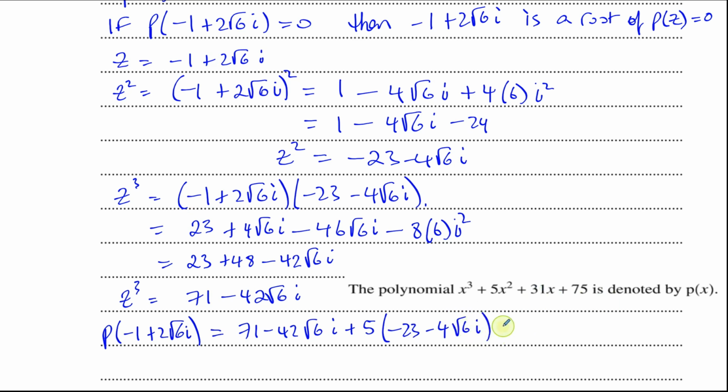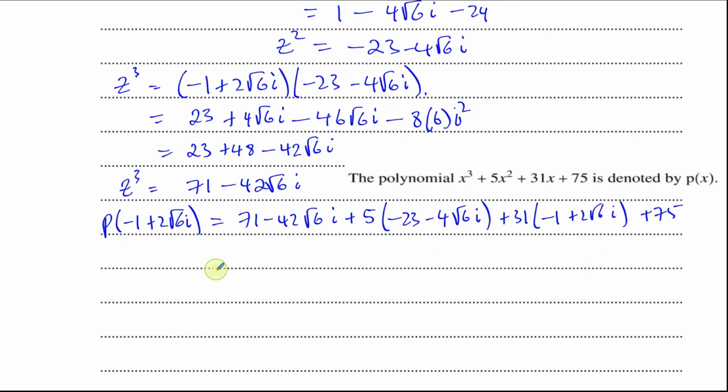Plus 31 times z, and z was minus 1 plus 2 root 6i. And in the end, we have plus 75. So we should hopefully get 0 when we simplify all of this. So 71 plus 75 is 146. So we've dealt with those two. Now we've got to expand the bracket. So this is minus 42 root 6i.